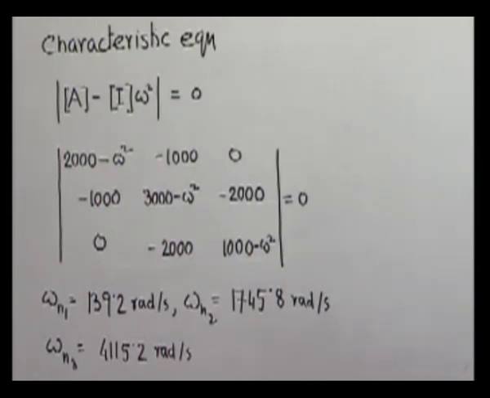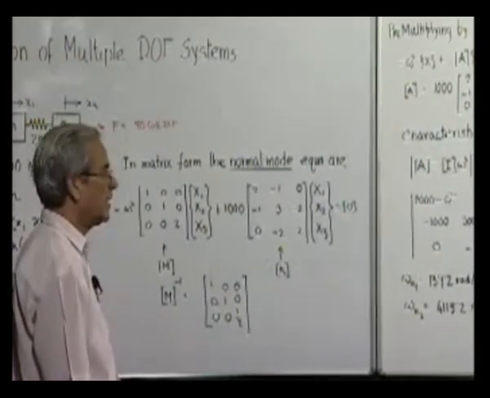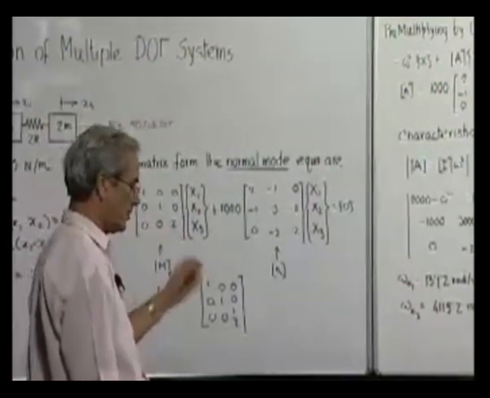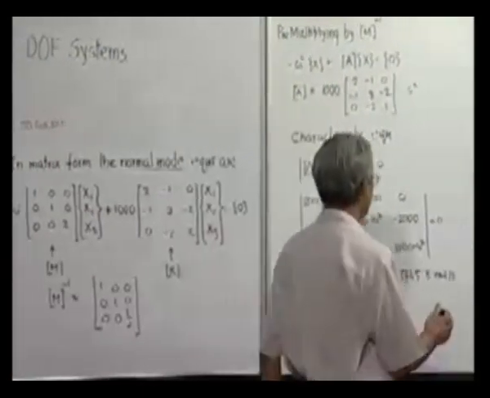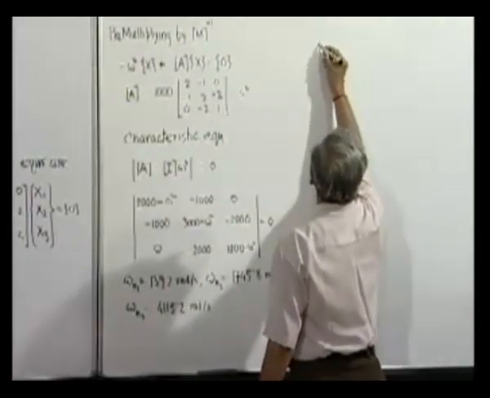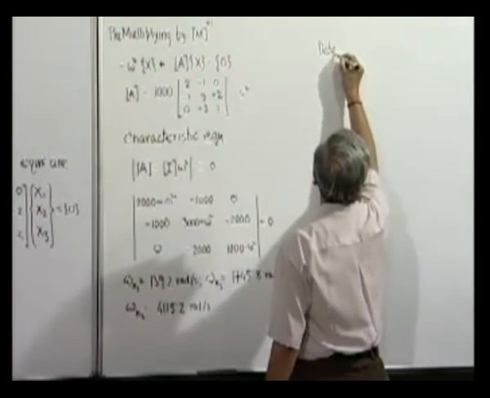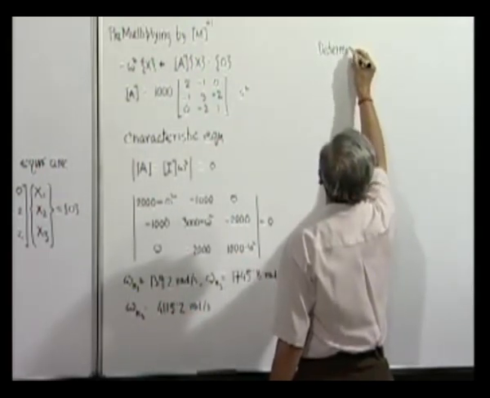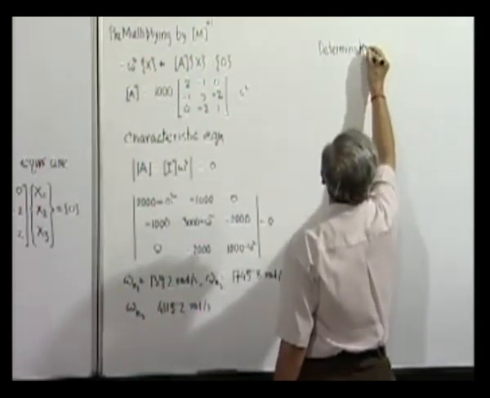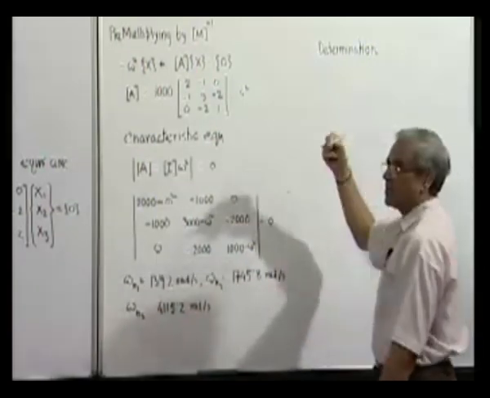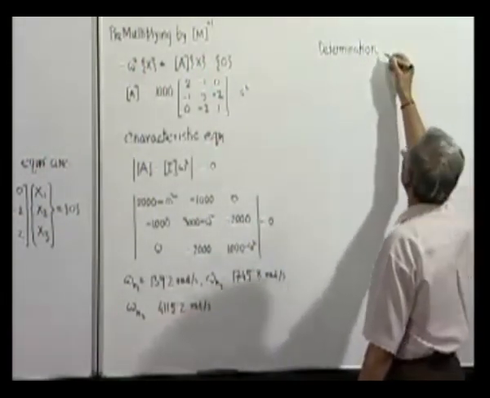Now once we know the natural frequencies, we find the 3 modes. So first let us find the first mode. The procedure I will show, and the same procedure will lead to the others.